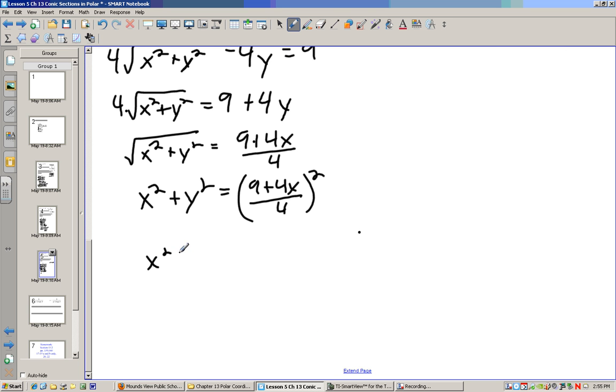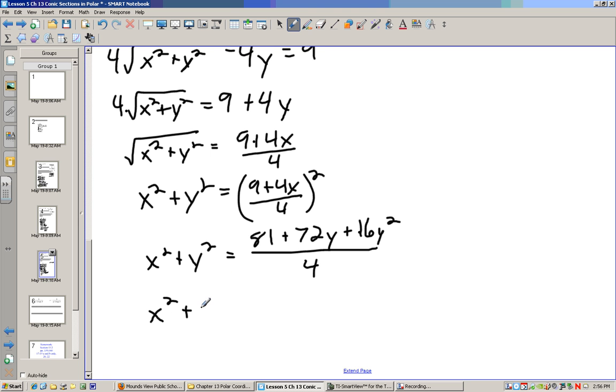So x squared plus y squared is equal to, if we multiply this numerator out, it's going to be 81 plus 72y, 36 plus 36, and then plus 16y squared, all over 4.